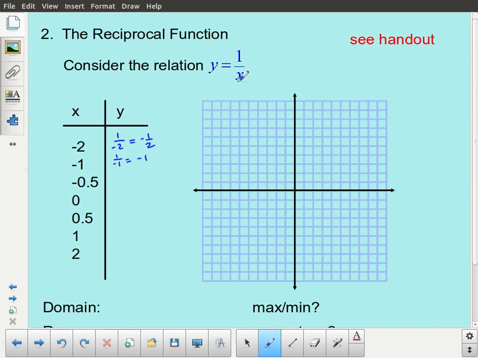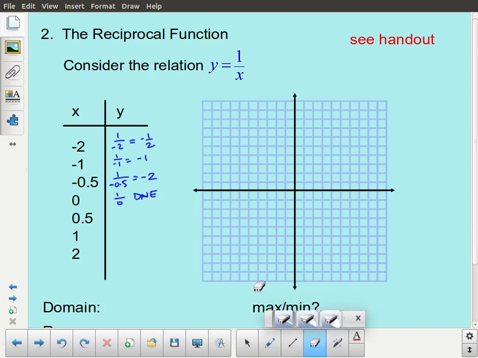When x is equal to -0.5, that's 1 over -0.5, which is actually equal to -2. When x is equal to 0, I have 1 over 0, and that does not exist. That's not an acceptable value here. So we have no answer.